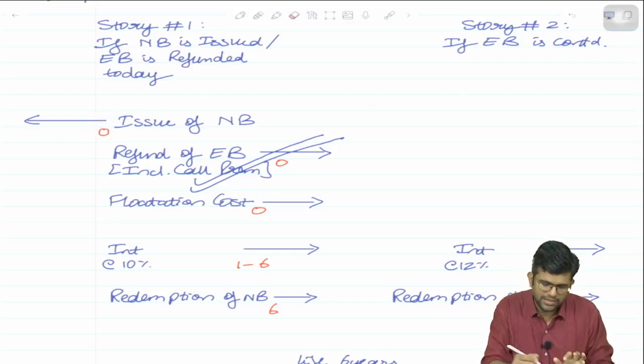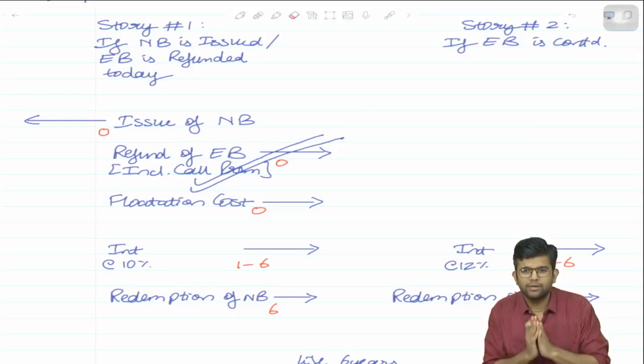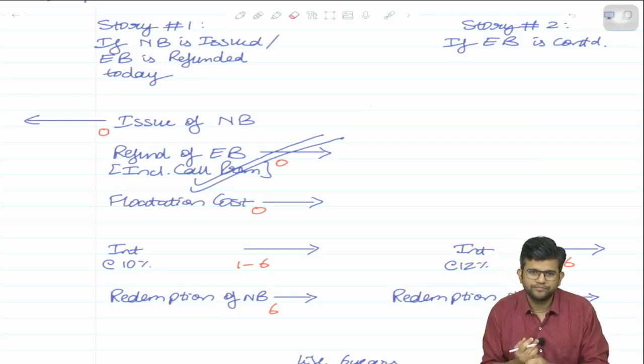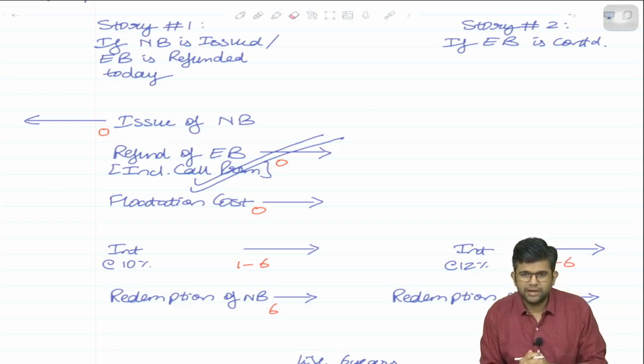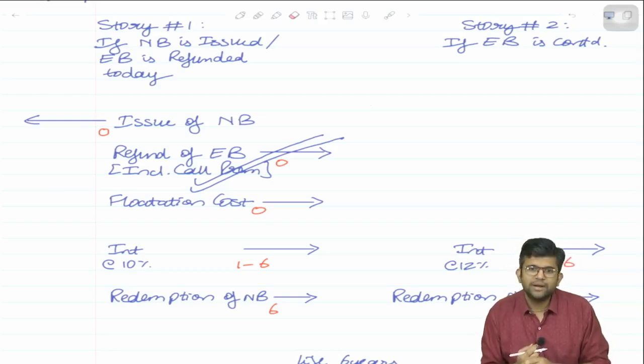Now tell me, for the second case, 312 million I am paying. Is there going to be any tax impact or tax saving because of this outflow that I am going to be doing? Take your time and tell me yes or no. Yes, there will be a tax saving, not on 300, but on the revenue expenditure of 12 million.